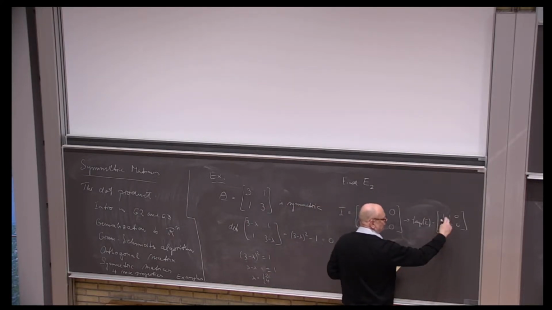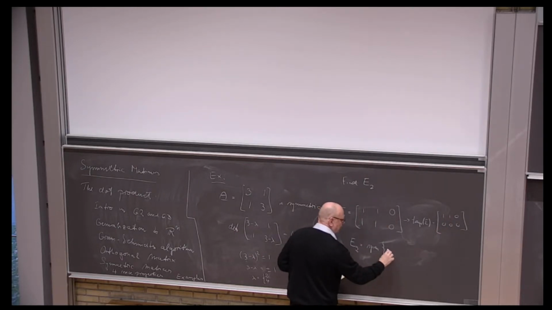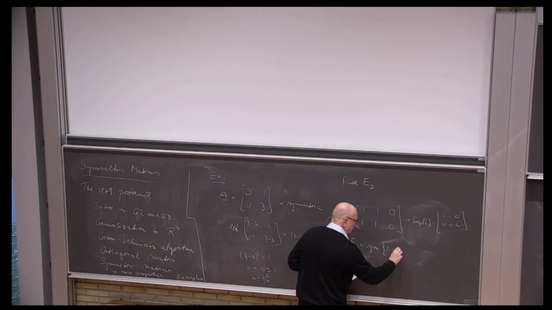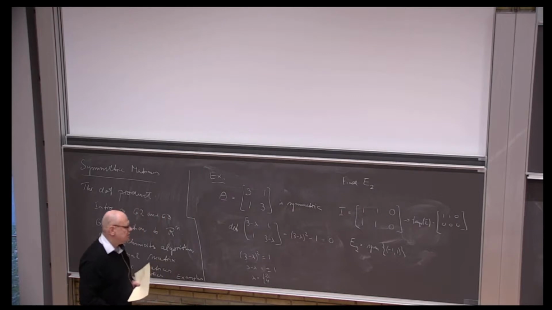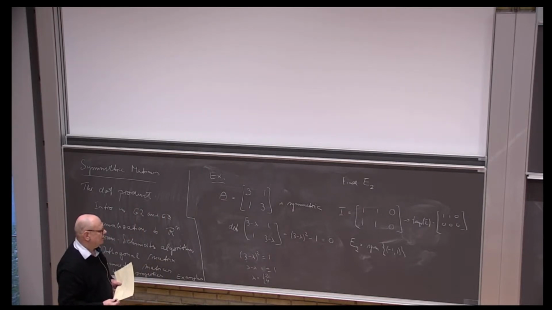You could say if you take the second coordinate here as the free variable, then the first coordinate will be minus the second one. So you have an eigenvector like this. So this is E2.